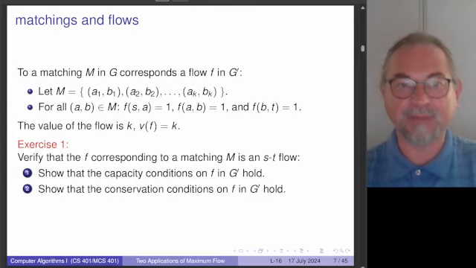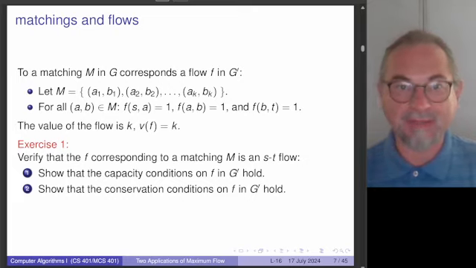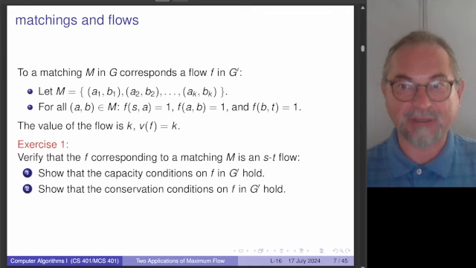So that's a property that you have to use. You have to use the properties of this specific network that we constructed for the bipartite matching, and you have to use the fact that you have a matching in your demonstrations.